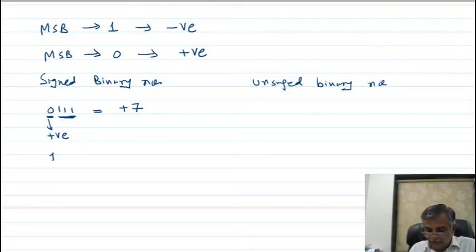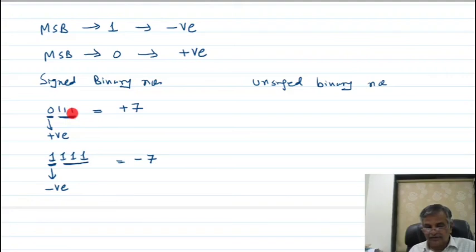If I write 1111 here, the first MSB represents the negative sign and the remaining bits represent the magnitude. It means in 4-bit signed binary numbers, 0111 represents plus 7 and 1111 represents minus 7.